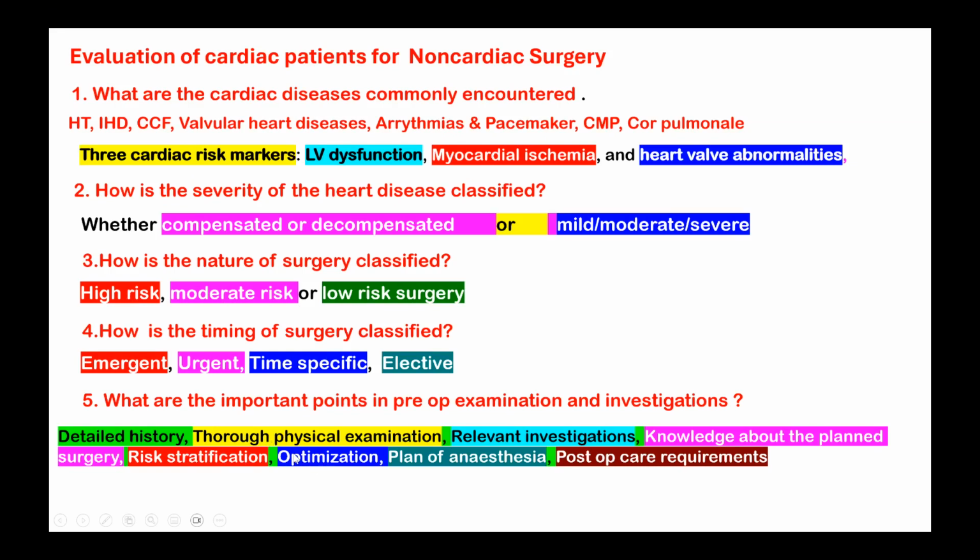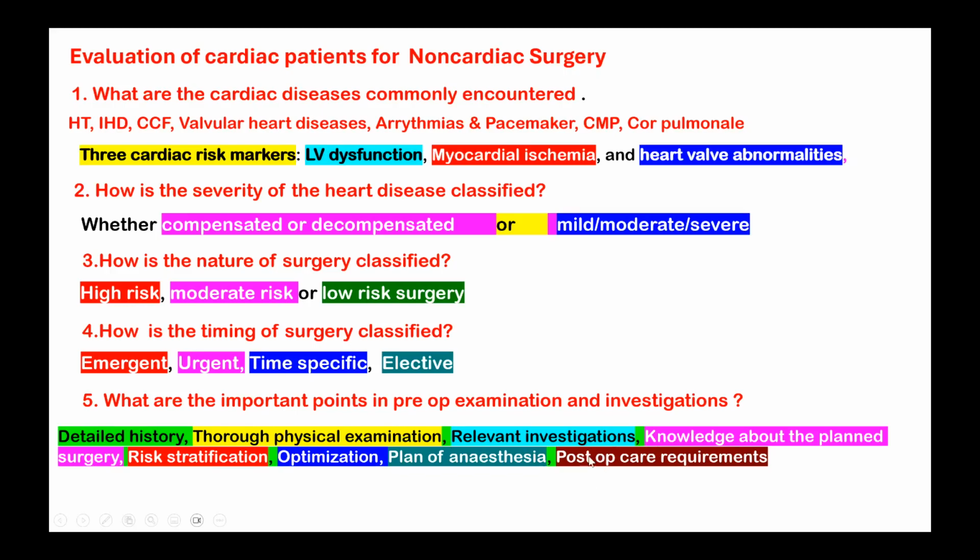And if time permits, you have to optimize the patient, then give a plan of anesthesia and also post-op care requirements. For example, a patient in acute pulmonary edema who is taken up for an emergent abdominal surgery. Definitely, after anesthesia, you cannot expect to extubate the patient on the table.